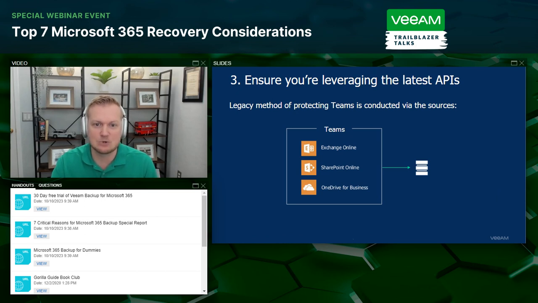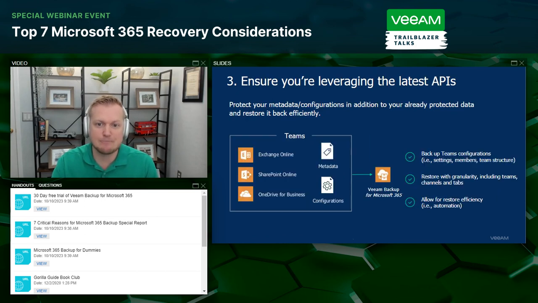They're protecting it via the sources, and they're not getting the benefit of backing up the Teams configurations. They're not restoring with granularity the Teams channels and tabs. They don't have the efficiency or the speed in terms of how fast they're able to recover the data. So yes, APIs are absolutely critical, and not all vendors are created equal.